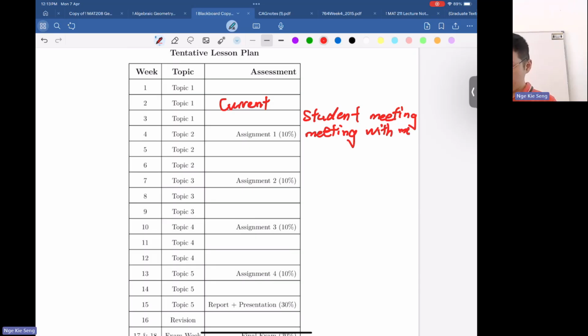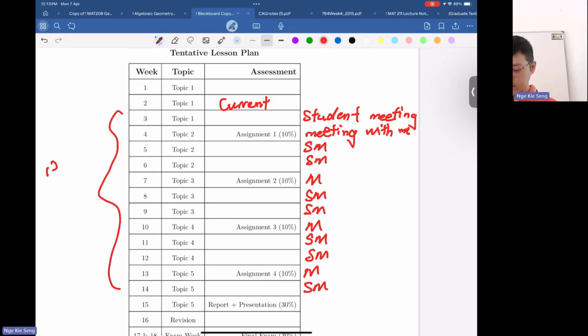Okay, and then you do your own meeting, maybe for 2 weeks, and then meet me again. And then you meet yourself, and then meet me again, meet yourself, and then meet me again, and then meet yourself. Okay, and then here will be like 12 weeks here. Okay, and then you will present on the 15 weeks. Okay, does it make sense? Okay, so I think you should meet with me like 4 times at least.